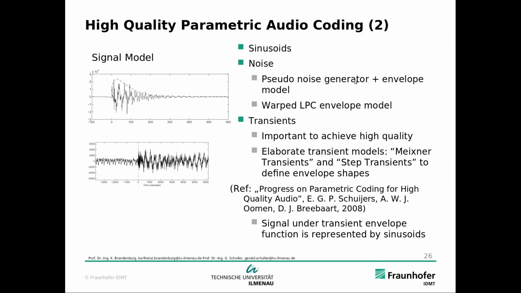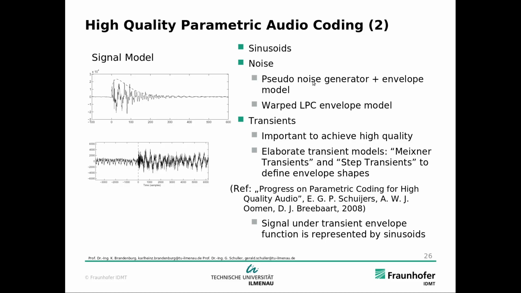Basically in the decoder we have this pseudo noise generator, which generates white noise, which means it has the same amplitude for all frequencies. And then we just send it to this FIR filter with linear predictive coefficients. And this FIR filter has a frequency response like the shape of the noise that we want to generate.